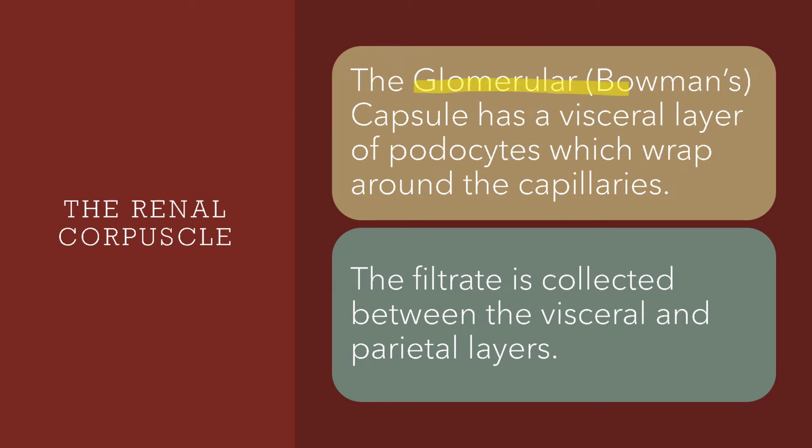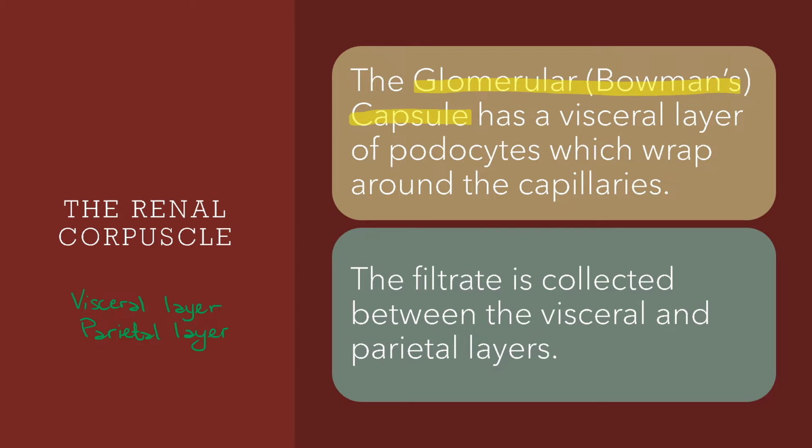Now, the glomerular capsule has visceral and parietal layers. So we're going to have both of these: a visceral layer and a parietal layer. This is just like the serous membranes that we've seen in the past.